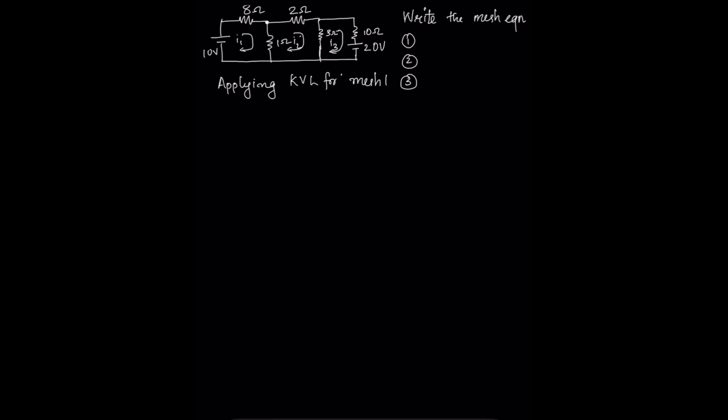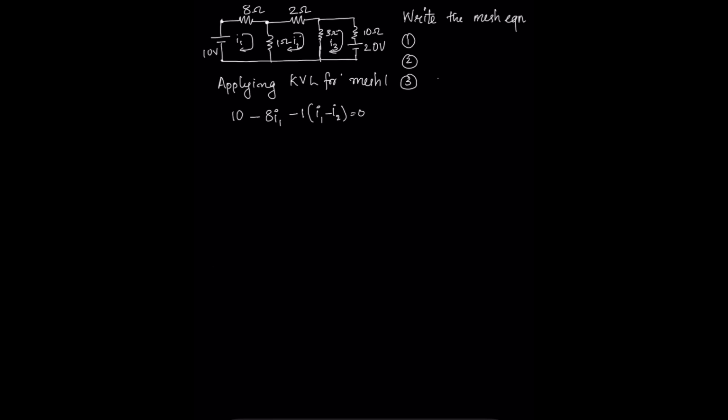we can write here, as we go from this point to this point, the potential is having a rise. So plus 10 volt. Minus, from this point to this point we are having a drop in potential, so minus 8I1. Now here minus 1 into I1 minus I2 is equal to 0.